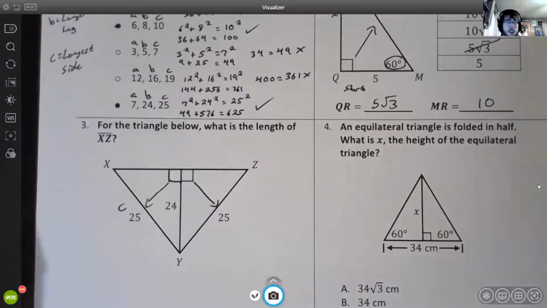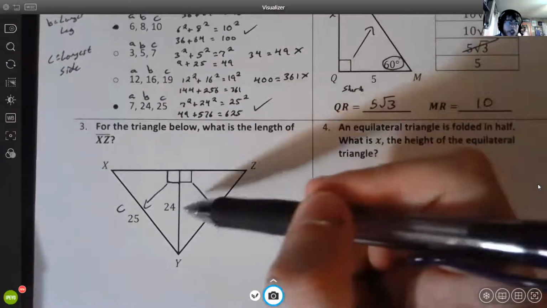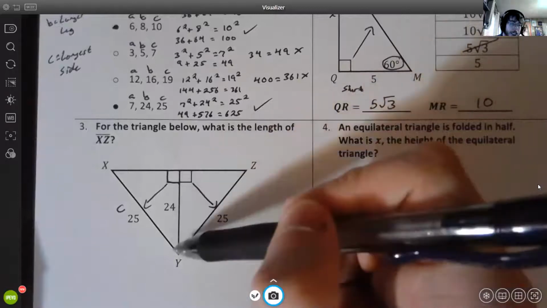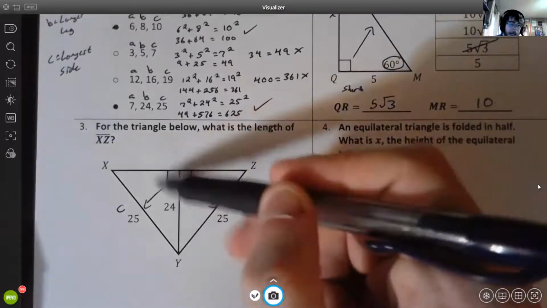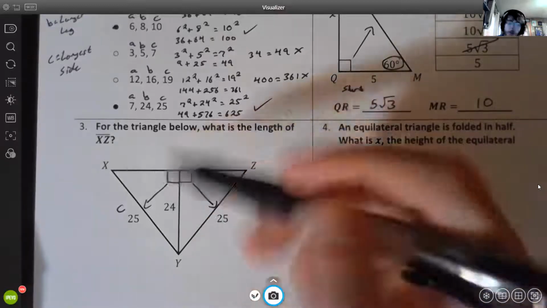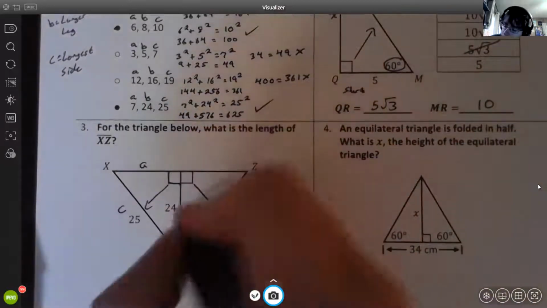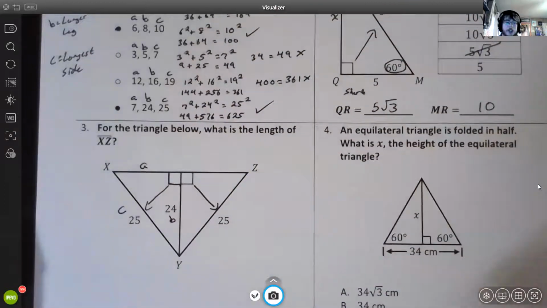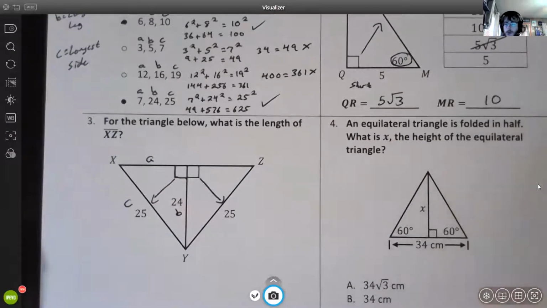Now we need to identify what the 24 would be because that's our other side. You could label that as either A or B. I'm going to label it with a B and label the unknown part there as A. Doesn't matter. It just matters that you label them with the correct things, either A or B.